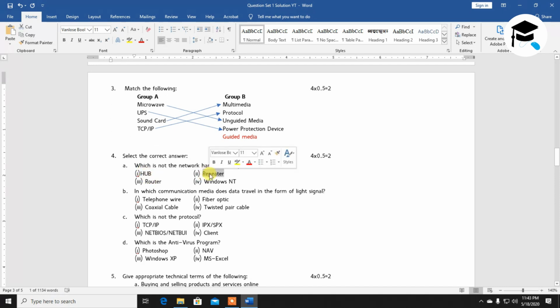Repeater, a network device used to regenerate or replicate a signal, is known as a repeater. For example, if I am saying hello here, the person standing nearby can hear me, but what if he or she is very far? He cannot listen to me.